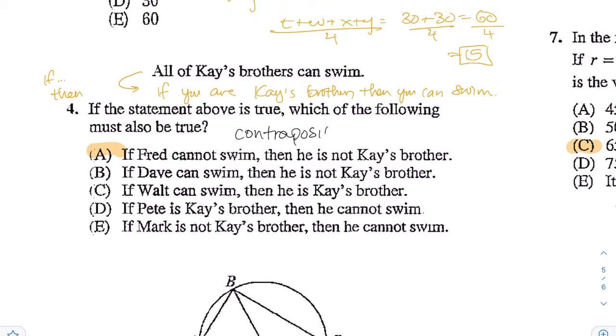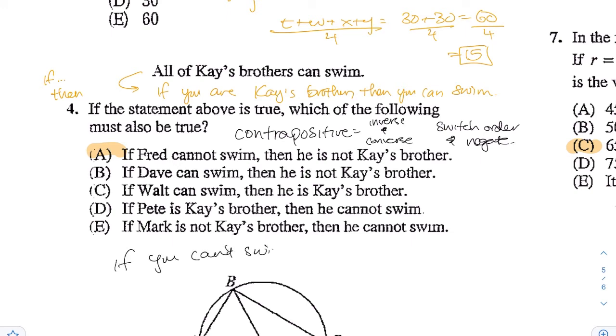And a contrapositive is an inverse and a converse. So you got to switch the order and also negate it. So that means that if you can't swim, then you are not K's brother.